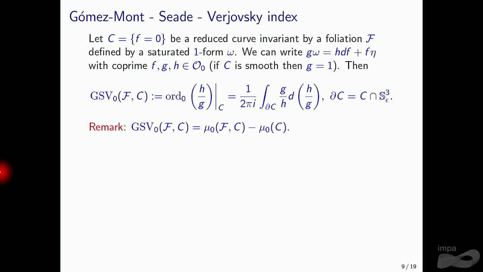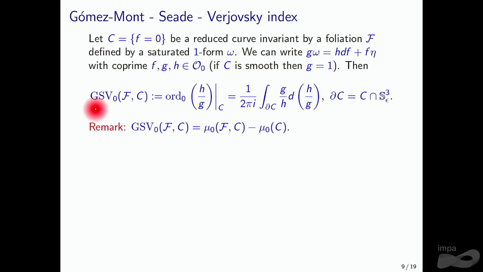The Gómez-Mont–Seade–Verjovsky index is defined for a foliation along an invariant curve C. We take a reduced equation f of the curve, and we write a saturated one-form omega defining the foliation in this way, with coprime f, g, h.